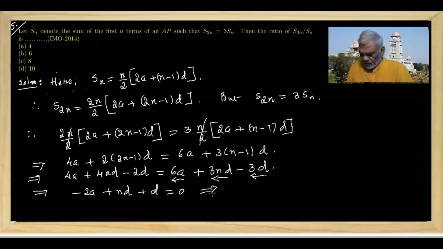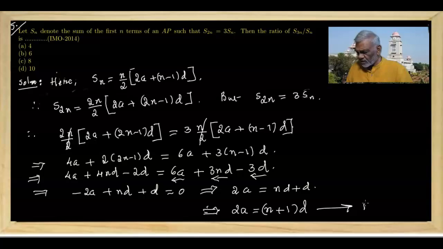This implies 2a is equal to nd plus d, that is, 2a equal to n plus 1 into d. Let me call this equation 1.